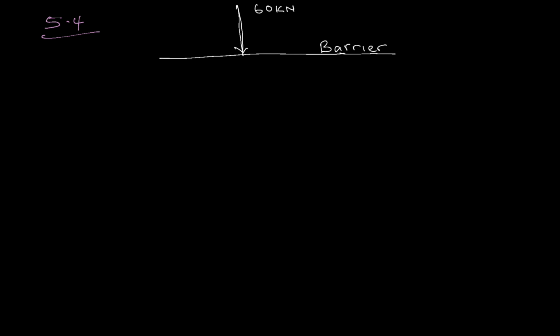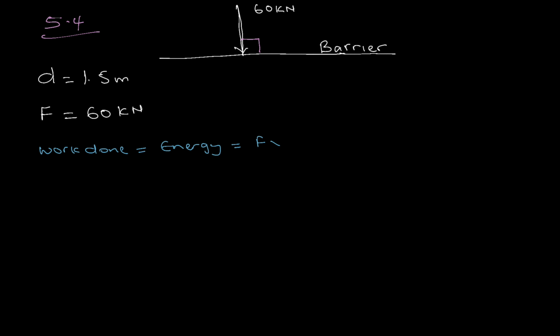So that's at right angle there with that distance, and we have a force of 60 kilonewtons. But we know that the work done, which is energy, is force times distance, and that work done is 82 kilojoules.